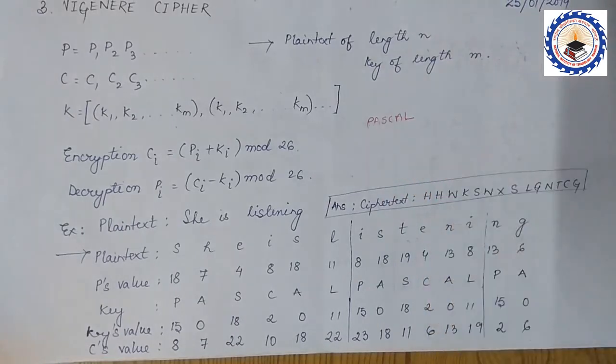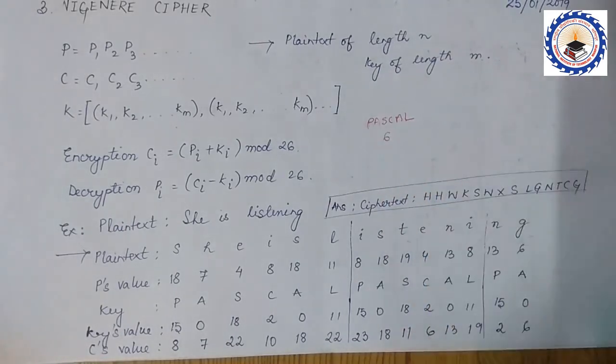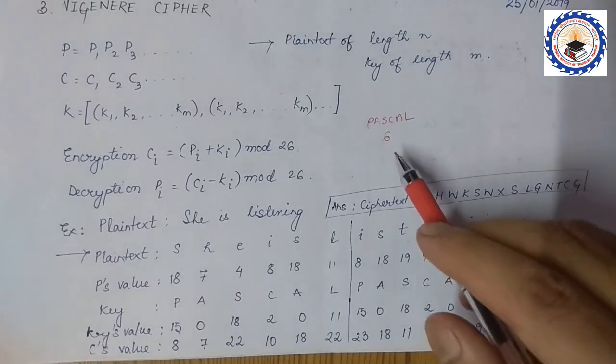So the length of the word Pascal is 6. I am taking Pascal as an example, but in an exam it may be different words, meaningful or not meaningful. It doesn't matter. The only requirement is that the given key should be a word in the case of a Vigenere Cipher. So here the length is 6.